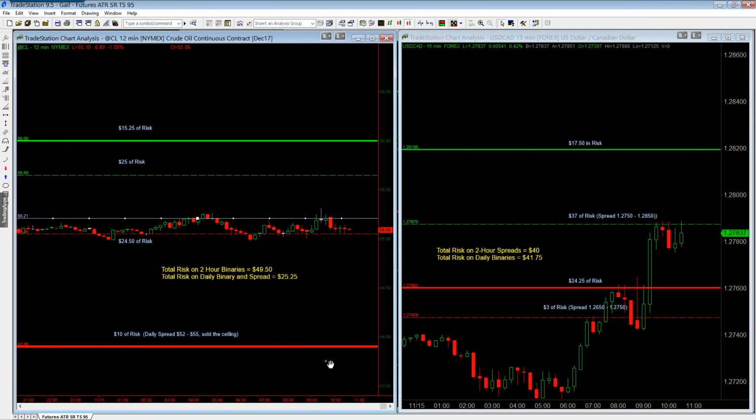In that case, you know, you're going to lose on both of the 2-hour binaries. Why? Because price did not expire above 55.65 and it did not expire equal to or less than 55.05.